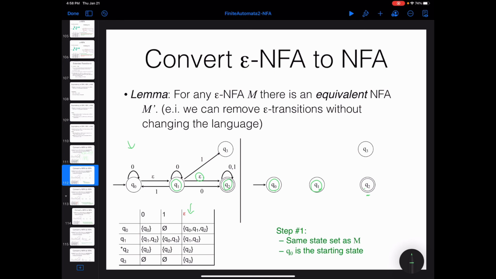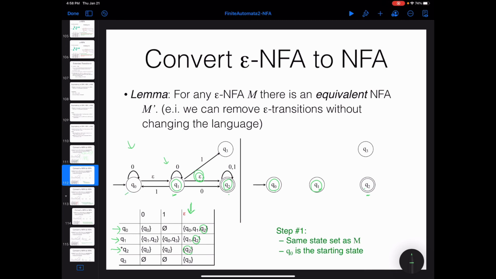Here, if you check this column, the epsilon closure, you will see that Q2 appeared here, and Q2 appeared here. So all of these states, Q2, Q1, and Q0, are going to be marked as accepting states. The reason, again, is that in your original epsilon NFA, if a string ends up in, for example, Q1, it can end up in Q0 as well, because of the epsilon transition.